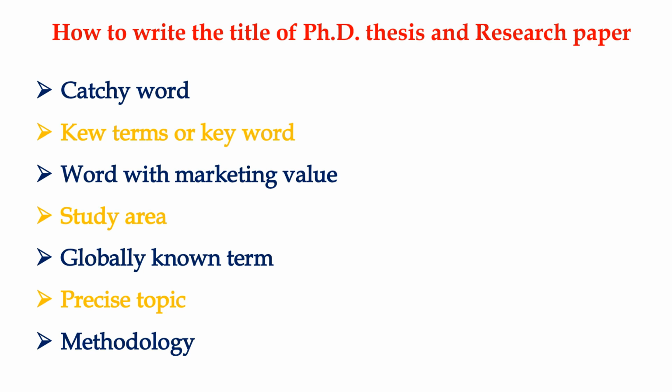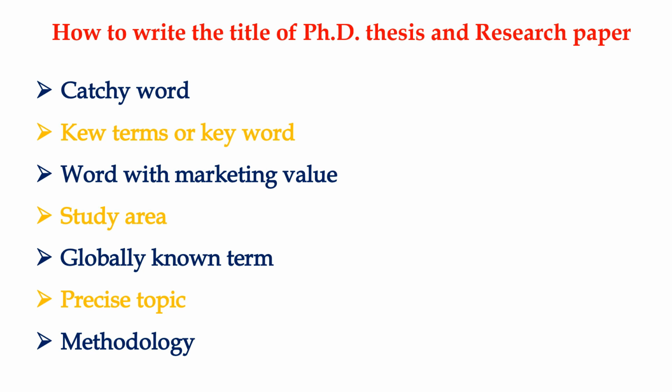And the next point is methodology, which is very important, and this can differ the title of a PhD thesis from the research paper. In case of a PhD thesis, you need not use the methodology, in which method or technique you are working. Think that you are working with geospatial techniques.